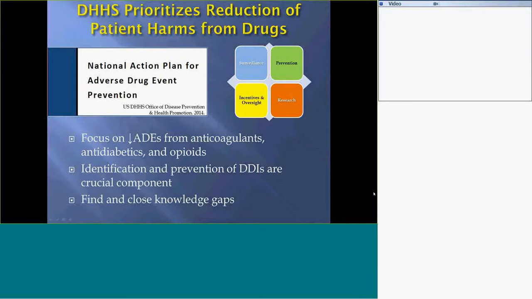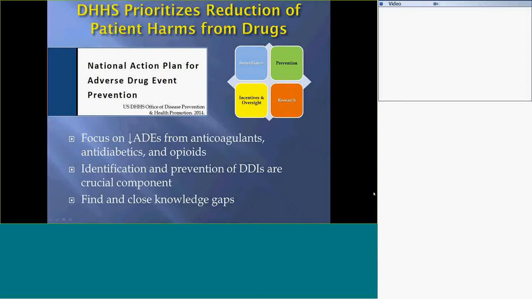So given this, in 2014, the U.S. Department of Health and Human Services prioritized the reduction of patient harms from drugs, one component of which was related to drug-drug interactions, in their National Action Plan for ADE Prevention. There was really a four-pronged approach that was targeted at surveillance, prevention, research, and incentives.